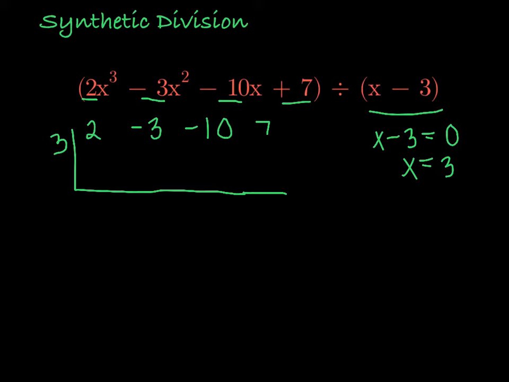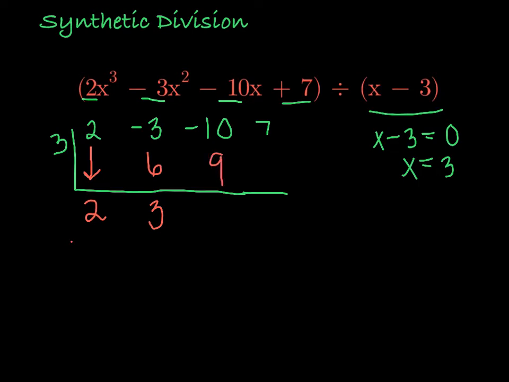From here, we bring down our 2. We multiply this 3 times 2, and that gives us 6. Then we add negative 3 and 6, and we get 3. Then we repeat that process. 3 times 3 is 9.